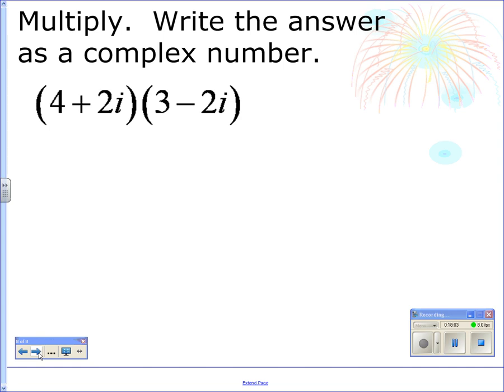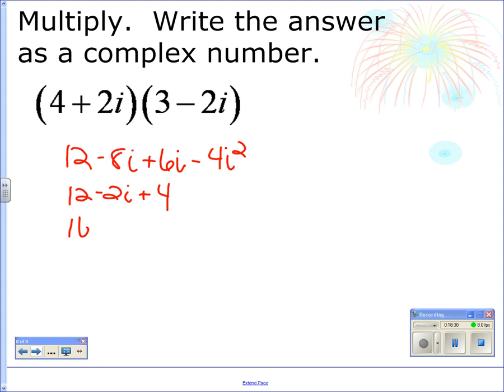Okay, go ahead, Jamar. Do you agree with him?